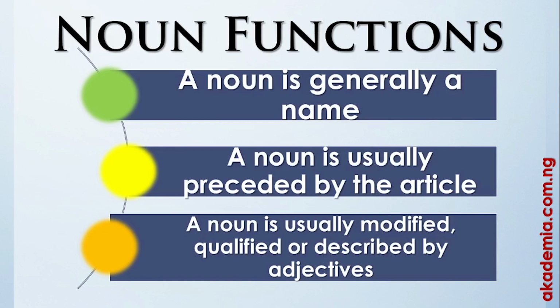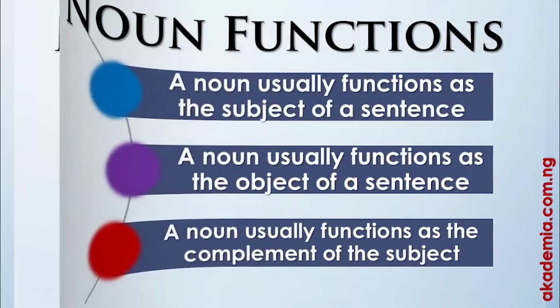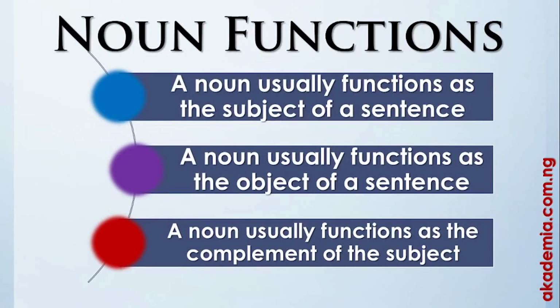Another way to identify a noun is that a noun usually functions as the subject of a sentence. When you have a sentence, what functions in the place of the subject is usually a noun. In addition, a noun also functions as the object of a sentence.